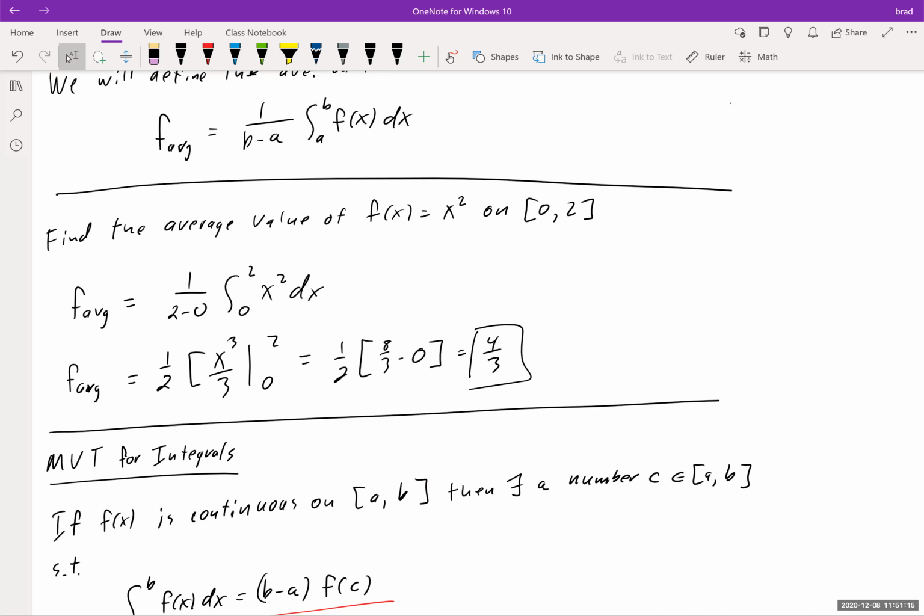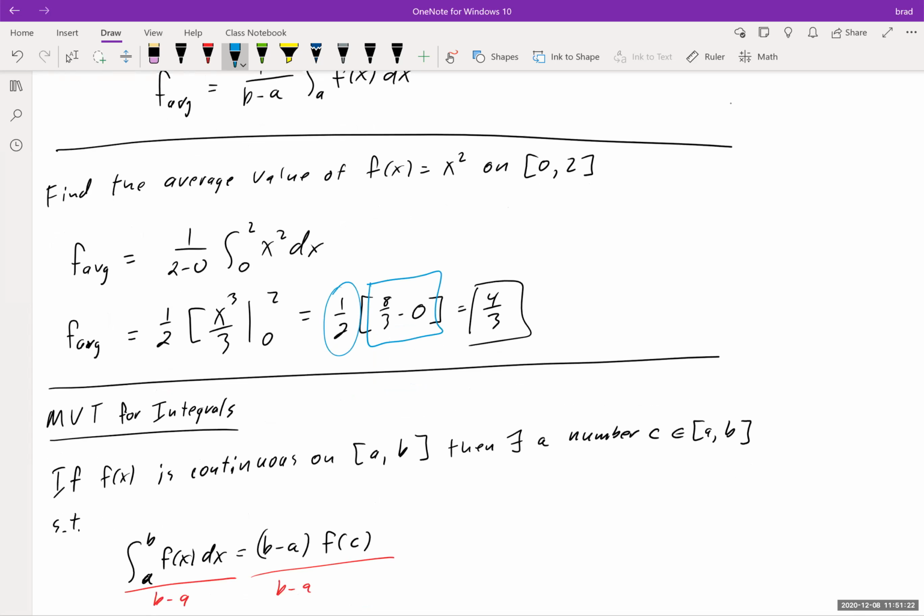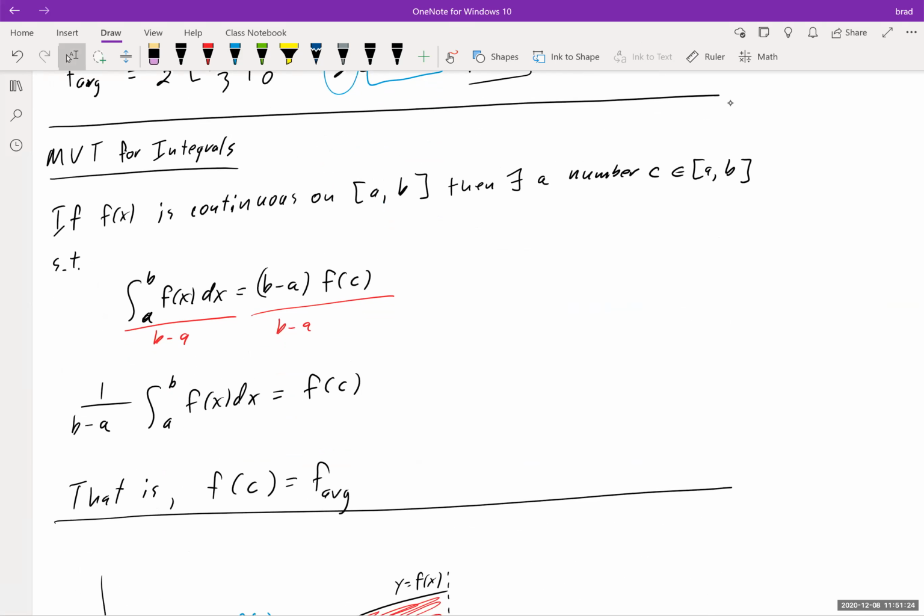remember this problem? We would have got an area of 8/3, but remember, we were finding the average value, so we divided it by 2. And remember what the mean value theorem for integrals says: the area under the curve is the same as f of c times b minus a.